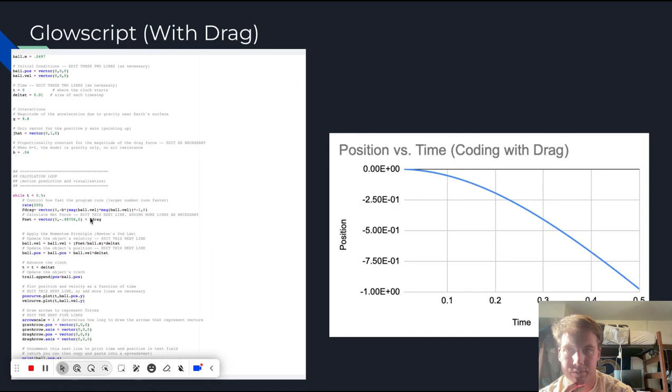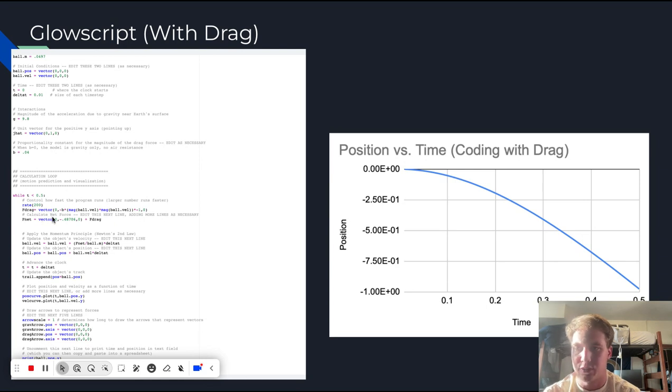Now we come over here, and we have position over time with drag included. We're going to see how we have b set to a value that we got to by looking at the experimental data and working backwards from there. Here you can see we have 2 lines in our while loop.